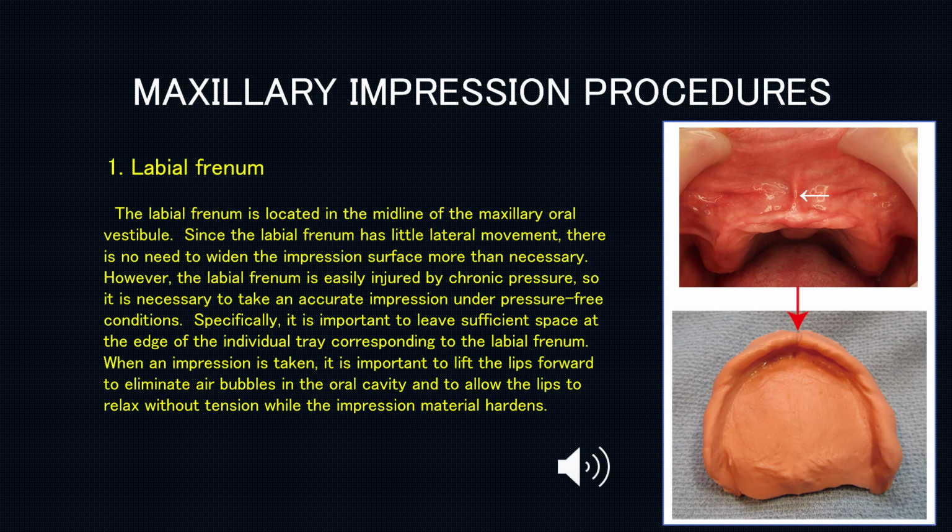However, the labial frenum is easily injured by chronic pressure, so it is necessary to take an accurate impression under pressure-free conditions. Specifically, it is important to leave sufficient space at the edge of the individual tray corresponding to the labial frenum when an impression is taken.